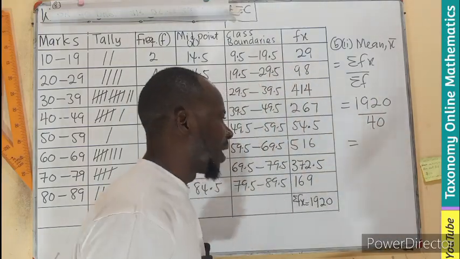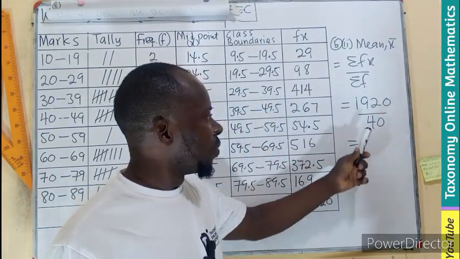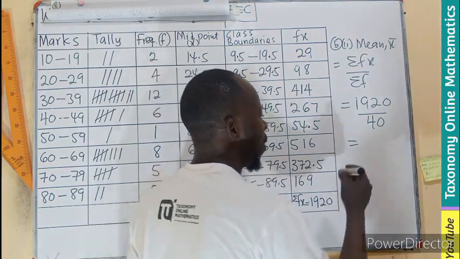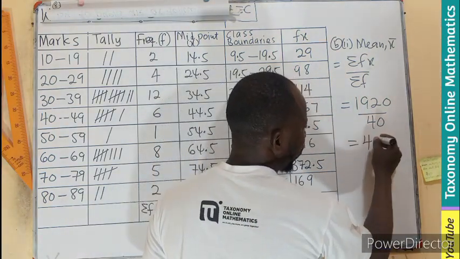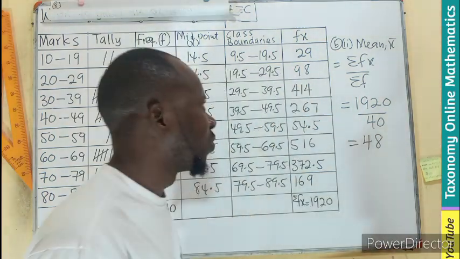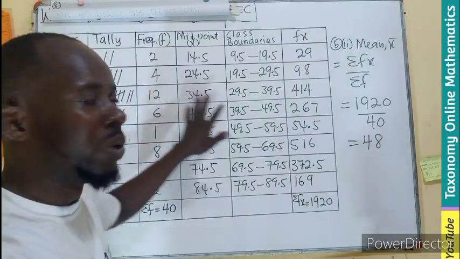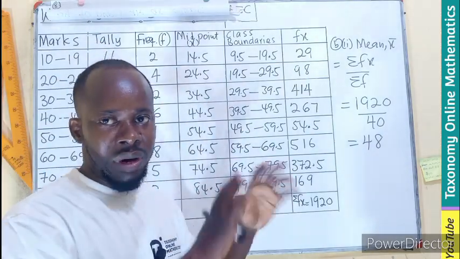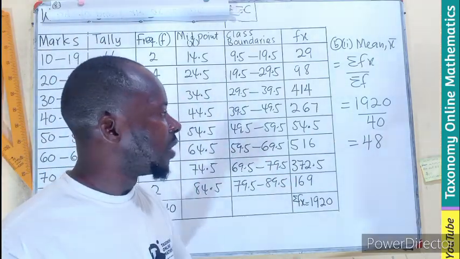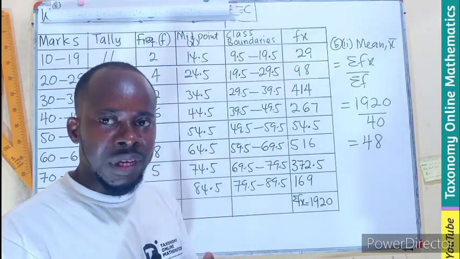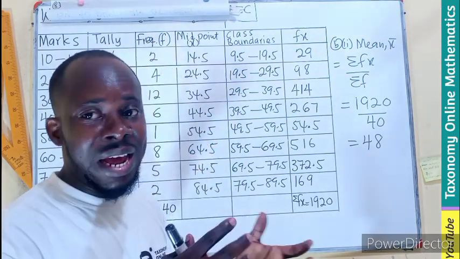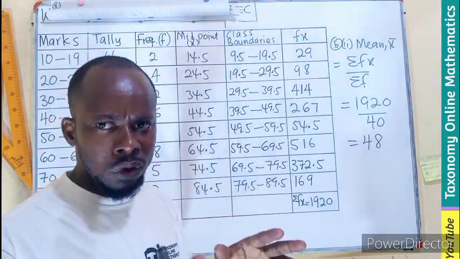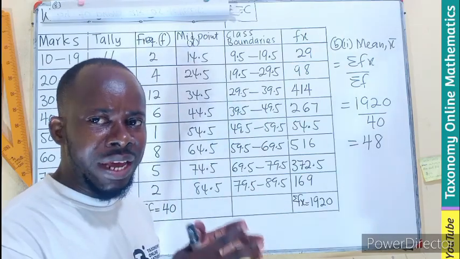We can see from here that 0 will cancel 0. 4 will go here. 4. Remember that 32, so we have 48. So the mean of this distribution, or the mean mark for the class test for the 40 students, is going to be 48. Now we are asked to find the mode also, but that will be done using the histogram.